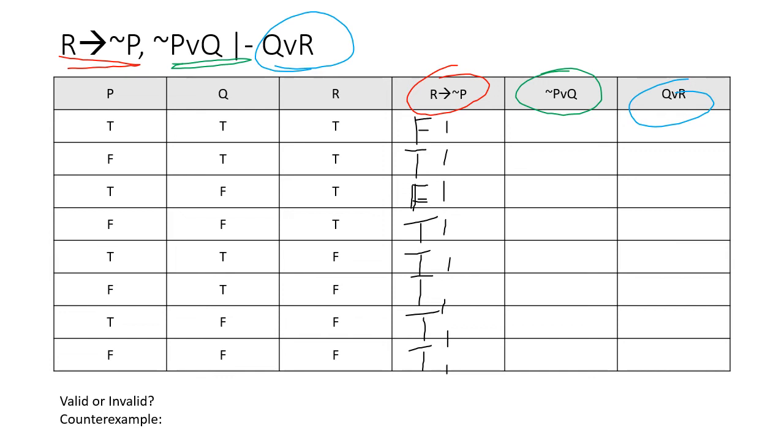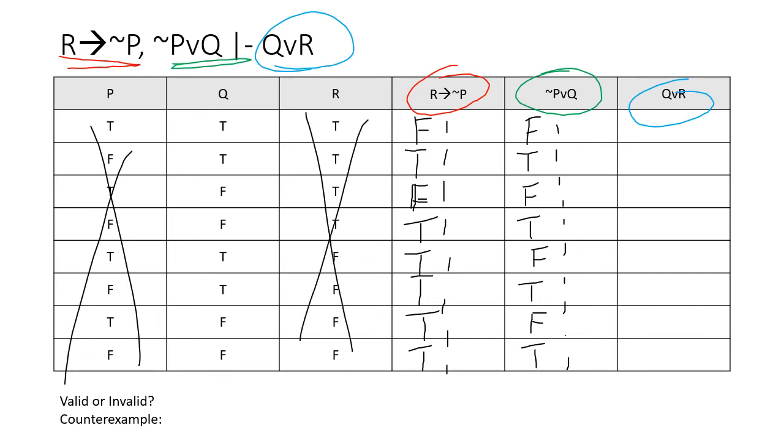Now look at this next one. We have a tilde functioning over the P, so we gotta do that one first. And then the Q, now we can include the wedge Q. And so we're going to look for instances in which one of the sides is true.